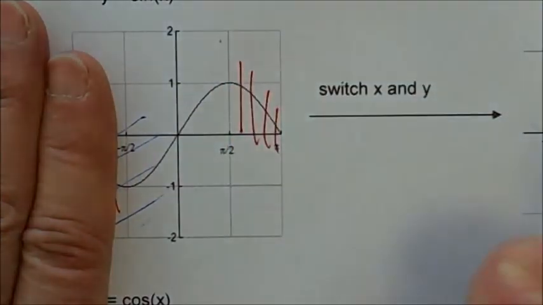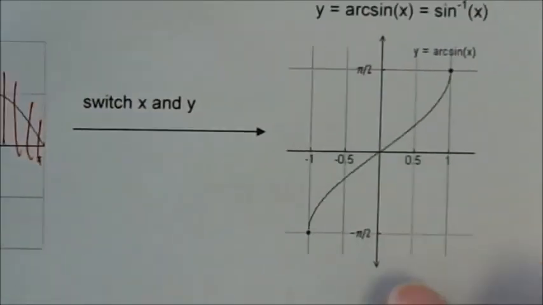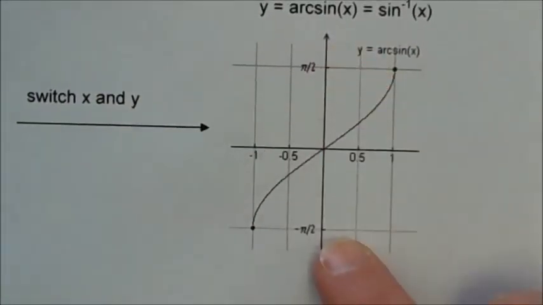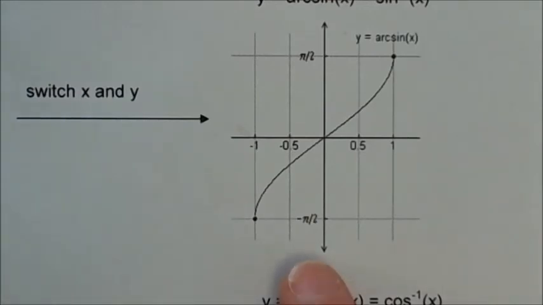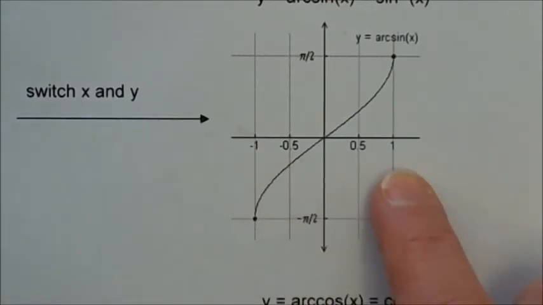So now if we switch the x and y, our domain, -pi/2 to pi/2, is now our range, and what was our range, -1 to +1, is now our domain. Switch x and y.